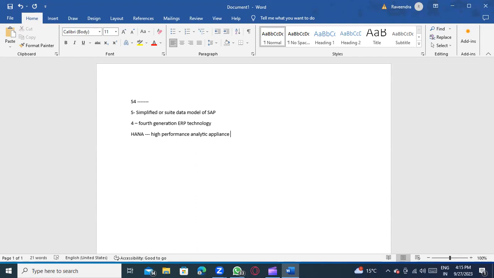So hope you understand what a HANA database is. It is an in-memory design, and one more thing, it is a columnar store. When the database is storing and when it is calling, it is designed as a columnar store.